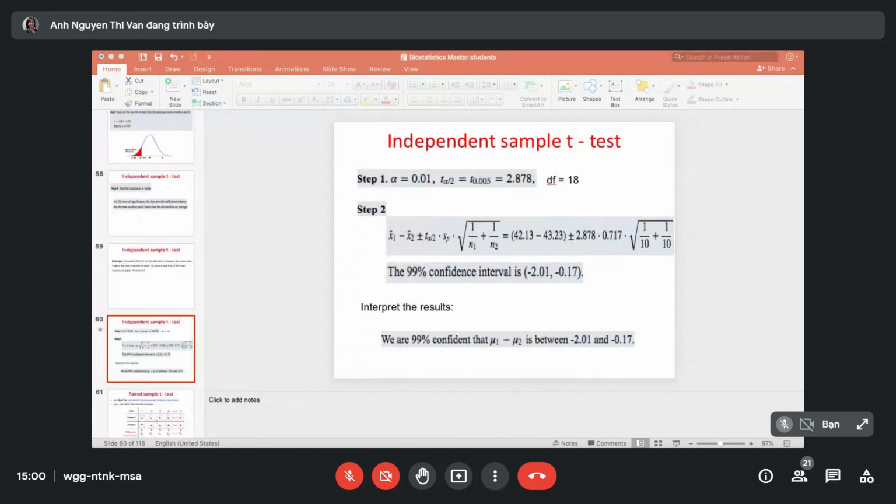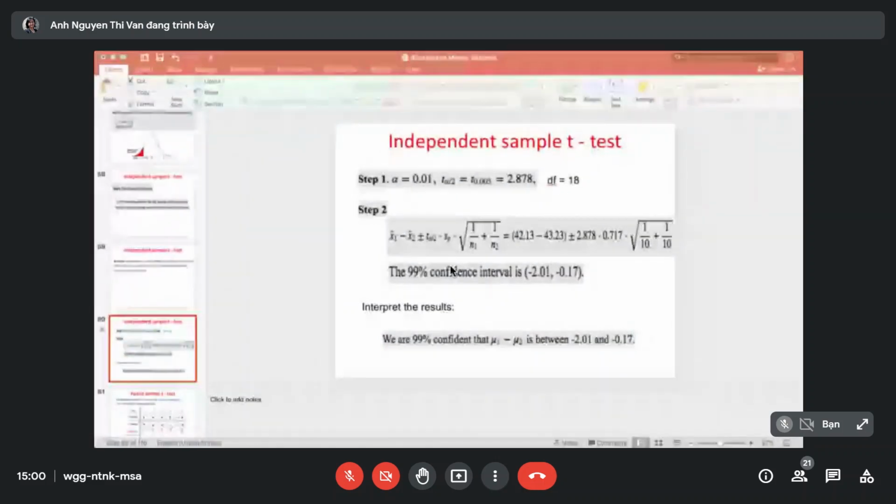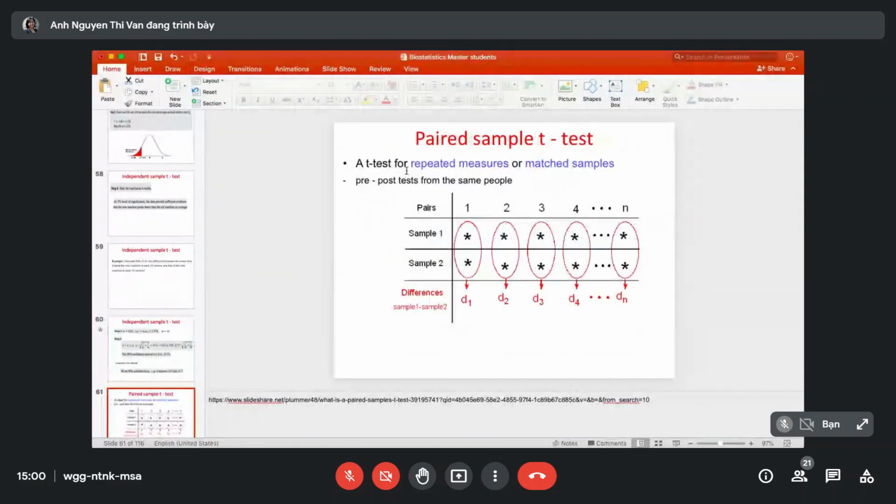Paired data, not independent data like the case for the independent t-test. We can say that it is a repeated measure or matched samples. And normally you will see the case of pre and post test for the same people. Many cases are like that.